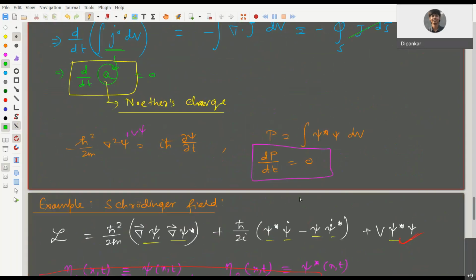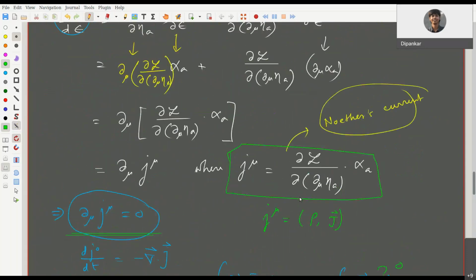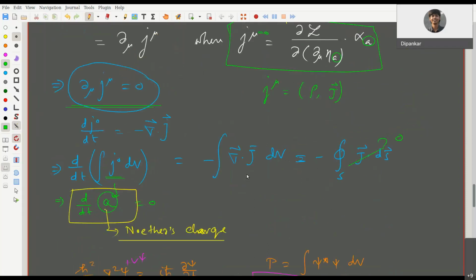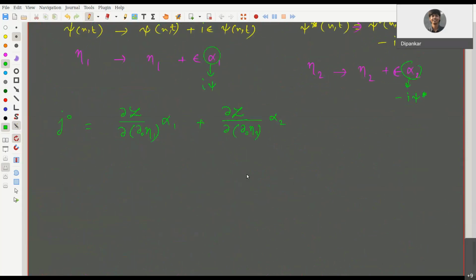Again, go back to this definition. Here A is repeated, so there is a sum over A. I have chosen mu equals 0, so that's why I have put J0 there, and that's it. So let us calculate then. This is del L over del of del 0 eta 1.